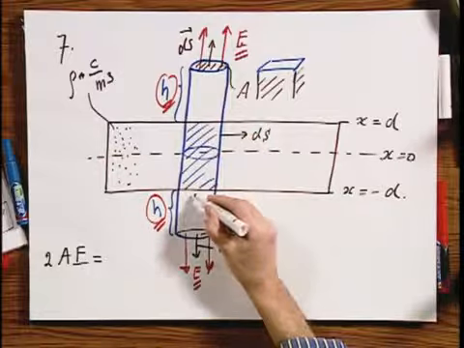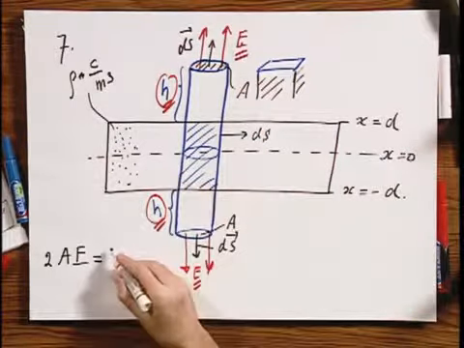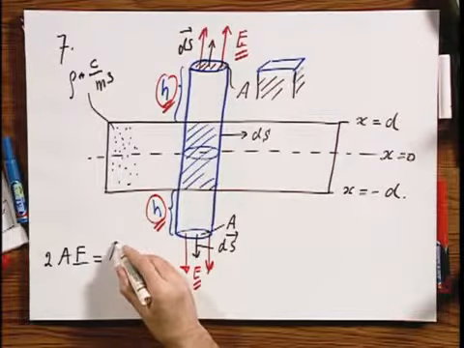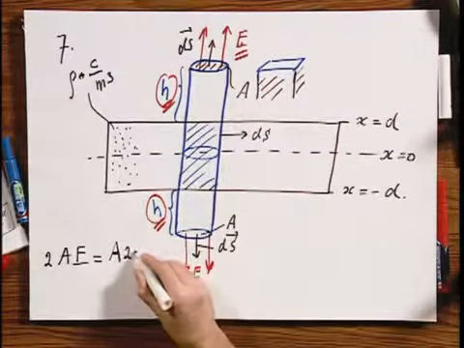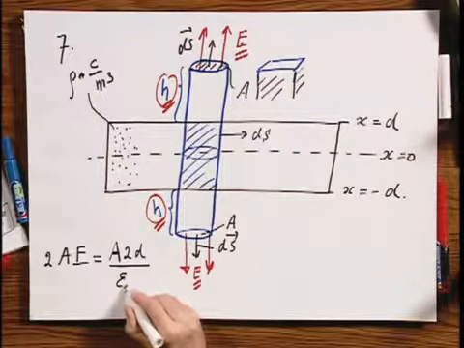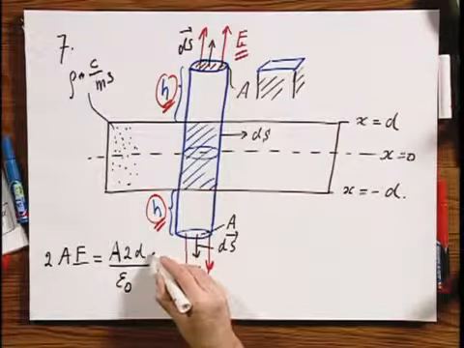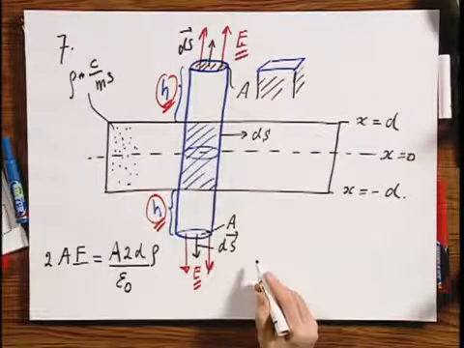The total charge inside is the volume, which is A times 2d, divided by epsilon 0, and the volume must be multiplied by rho, which is the number of coulombs per cubic meter.